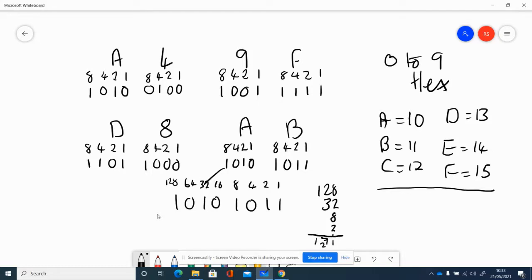And we converted it just by adding them up. So that is 171, and that would be the way to convert from hex all the way into decimal.